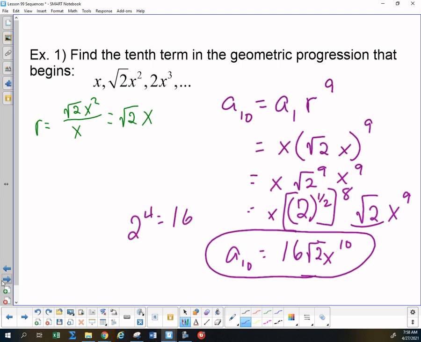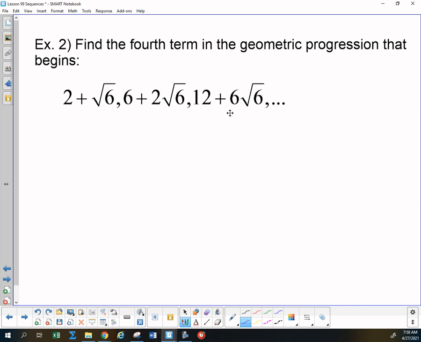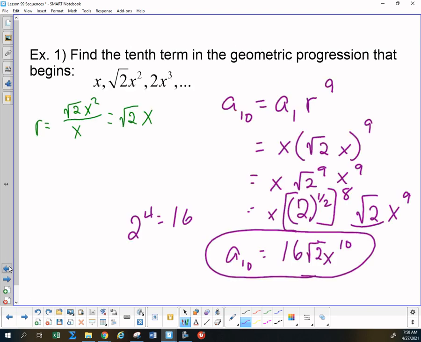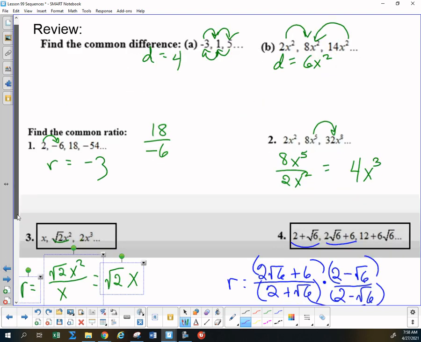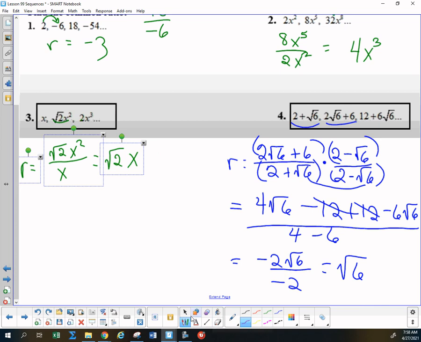Okay, next one. Let's find the 4th term of this geometric progression. But that looks like what we just did with that review part, right? 2 plus root 6, 6 plus 2 root 6. So let me go back and copy our work that we just did to come up with what r was.